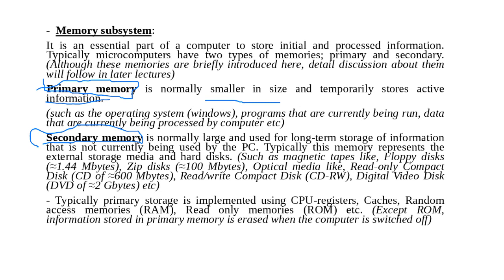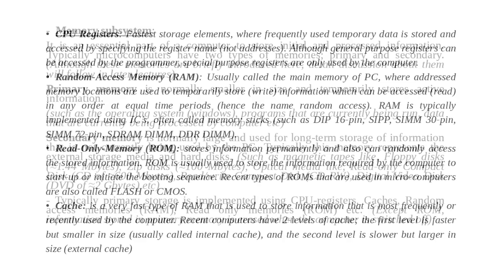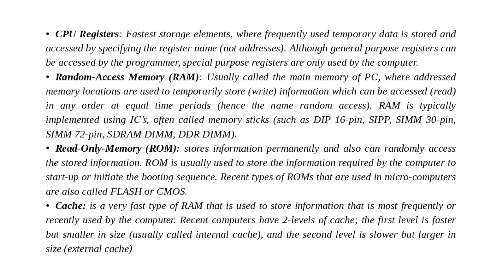Typically, primary storage is implemented with CPU registers, caches, RAM, which is also an example of primary storage memory, ROM, etc. And CPU registers, as I said, the microprocessor or CPU has some registers.